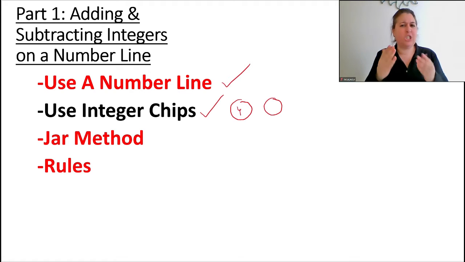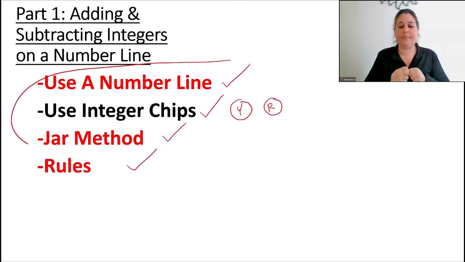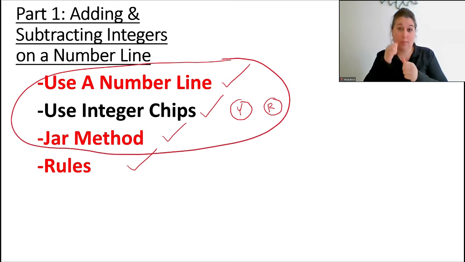Like one side could be yellow and the other side could be red. A lot of people use those chips in class. There's something called the jar method, and then obviously there are the rules. But the point of showing you methods of how to add and subtract before you get to the rules is to make sure that you understand why the rules work.